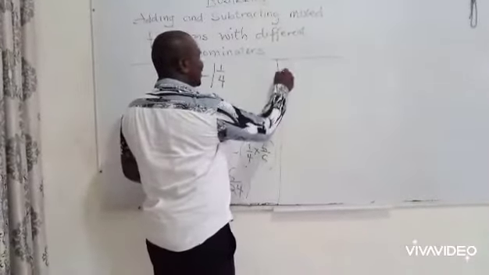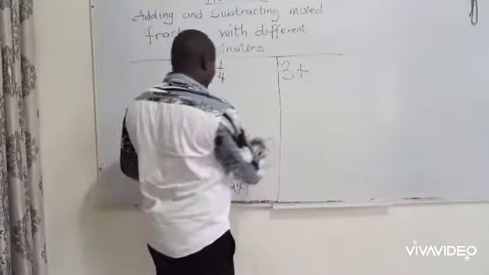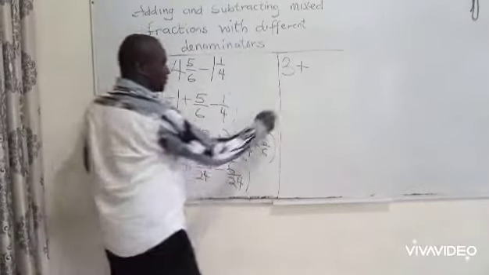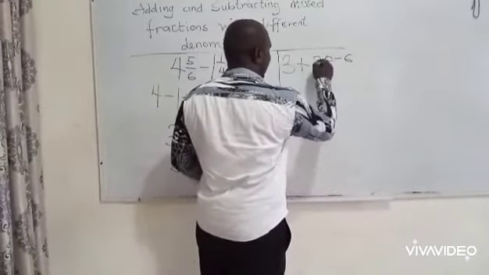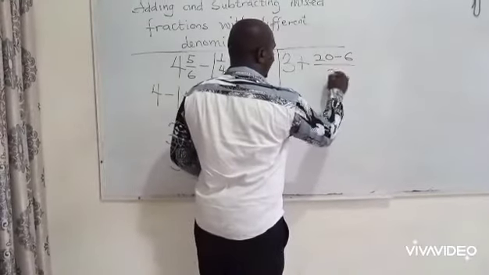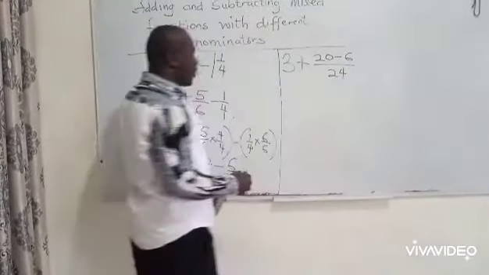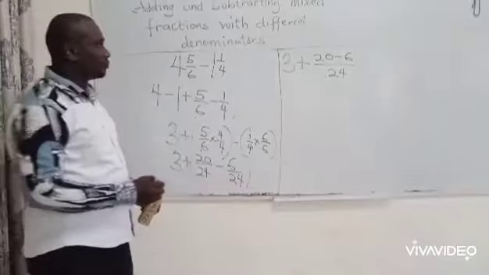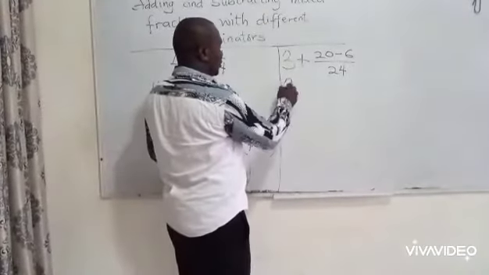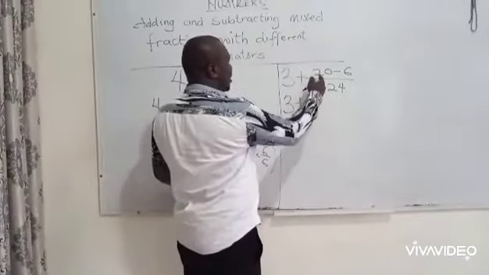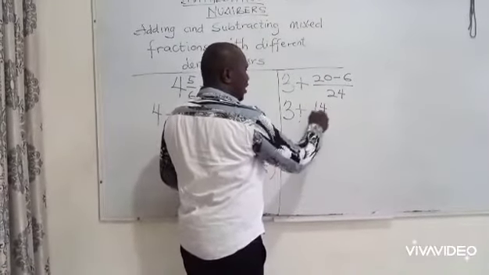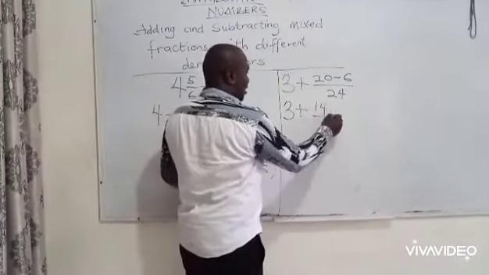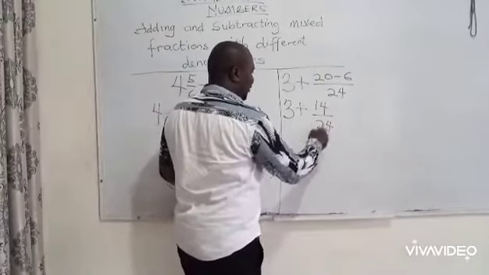So we have 3 plus 20 minus 6 all out of 24. 3 plus 20 minus 6 giving us 14 out of 24.